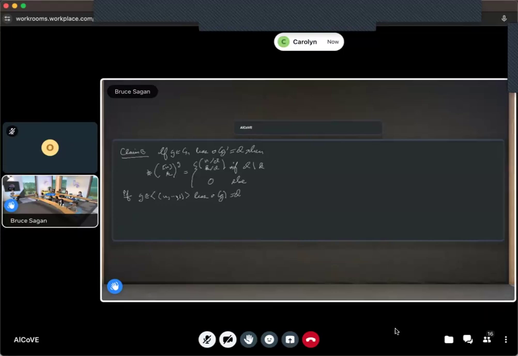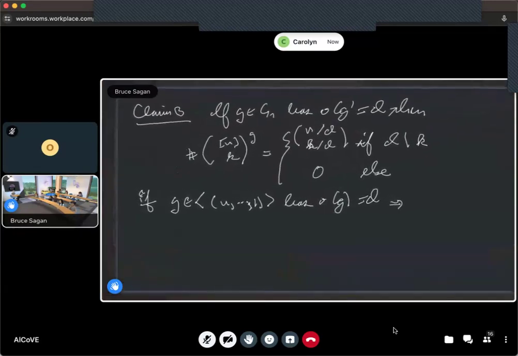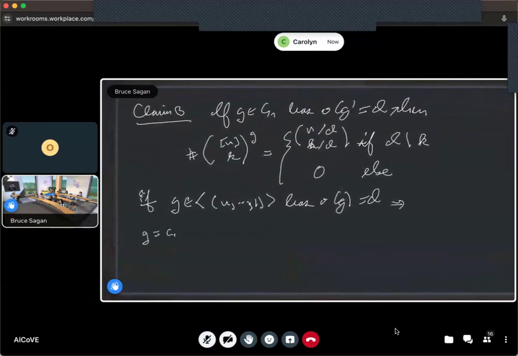So this implies that G has a disjoint cycle decomposition C1 through C_{n over D}, where each cycle has length D, and there are going to be n over D cycles, because we had n things total, and each cycle is of length D. Everybody agree with that?